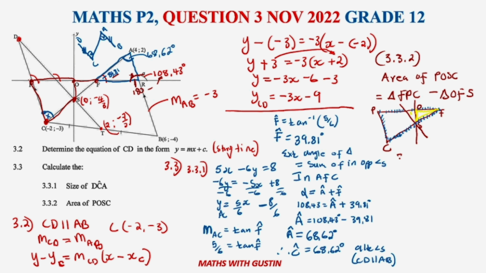So therefore we're going to say the area of a triangle is given by half base times height. So now on this triangle F, P and C, we calculated the height. Yes, I have calculated the height, guys. You can go ahead and calculate the height using the distance formula.